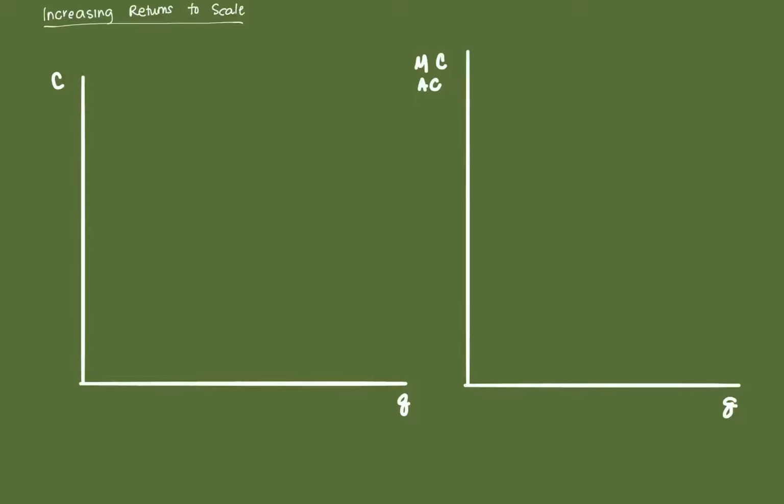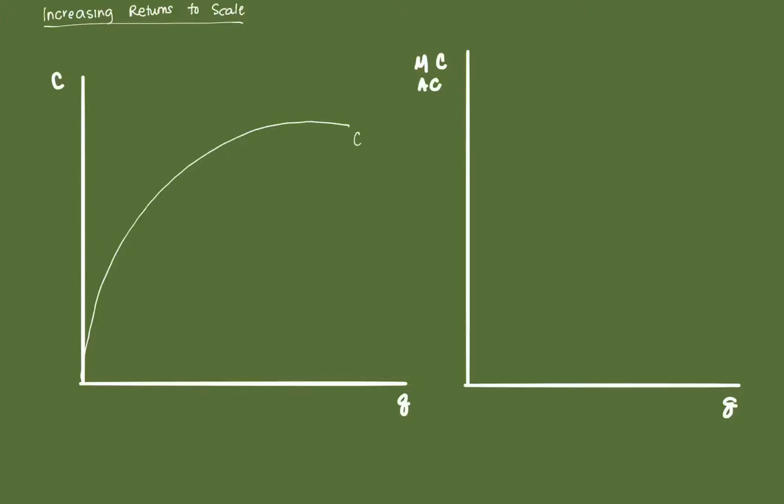at a decreasing rate. Because at the start, you'll notice since it's strictly concave in output, so this is how our cost curve would look like. So notice as C increases, marginal cost is the slope of this graph here.